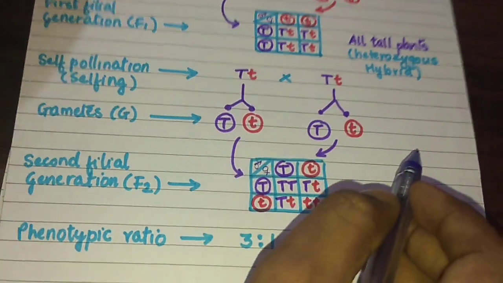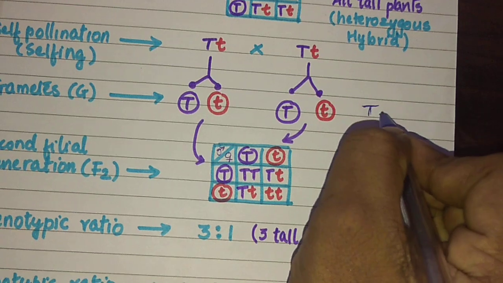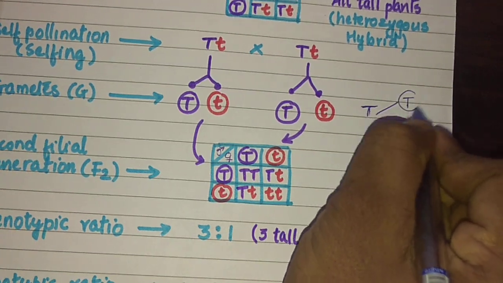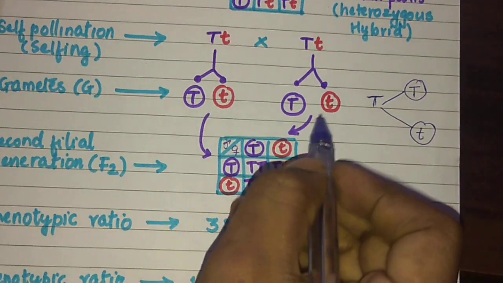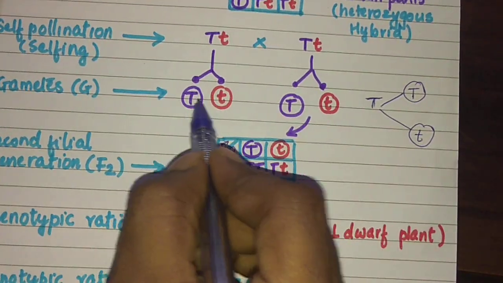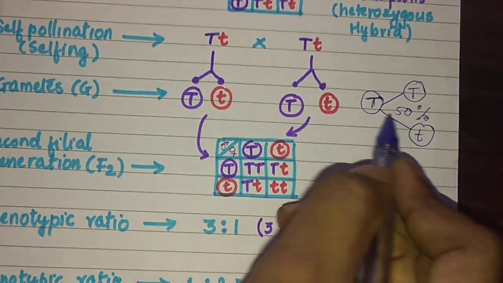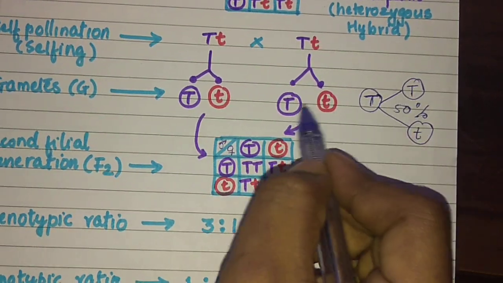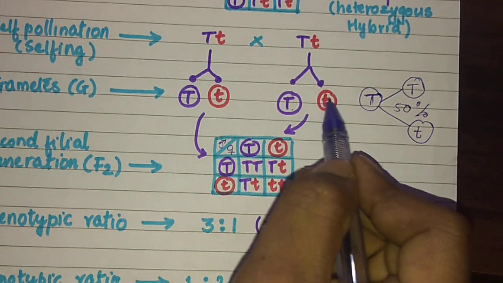So there are 50% chances to fertilize with the capital T gamete of the other plant or the small t gamete of the other plant.